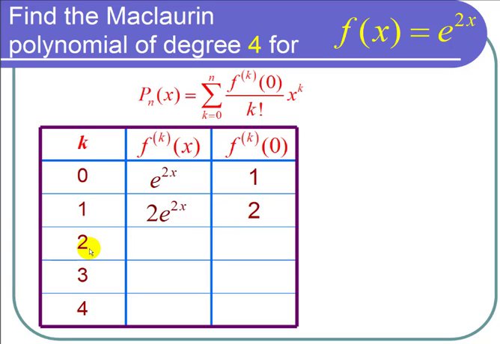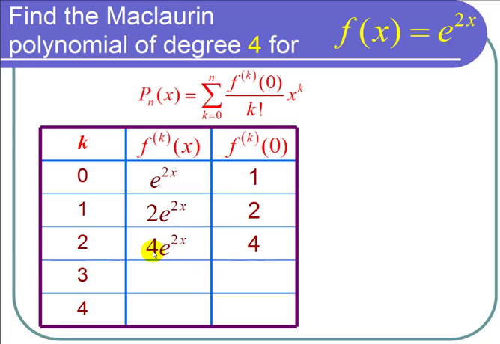So now k equals 2, that means I take a second derivative, or a derivative of the first derivative, and the derivative of e to the 2x again is 2 times e to the 2x times another 2 is 4 times e to the 2x. Plug in 0. E to the 2 times 0 is 1 times 4 is 4.